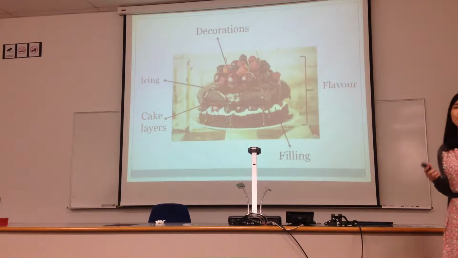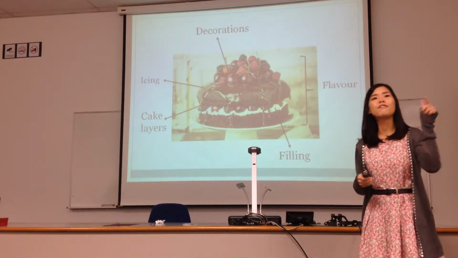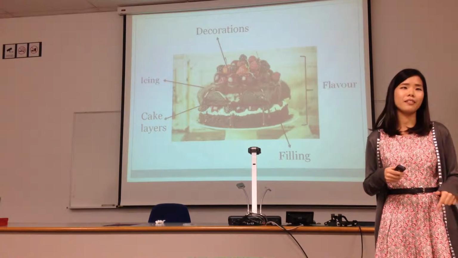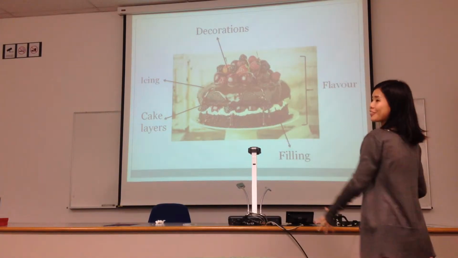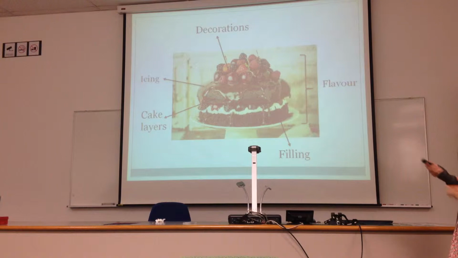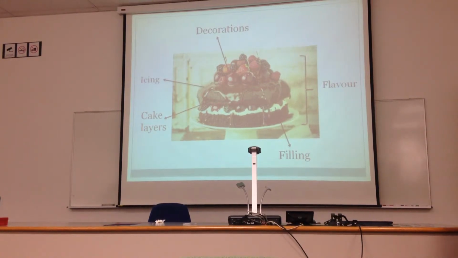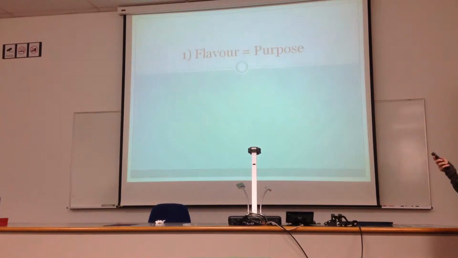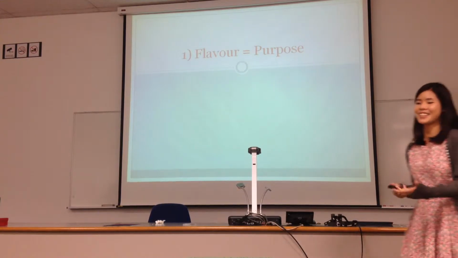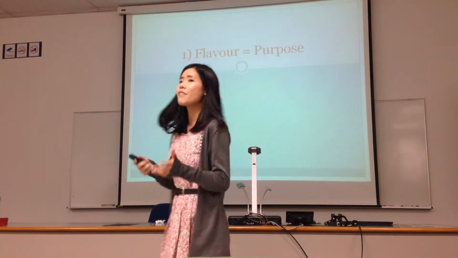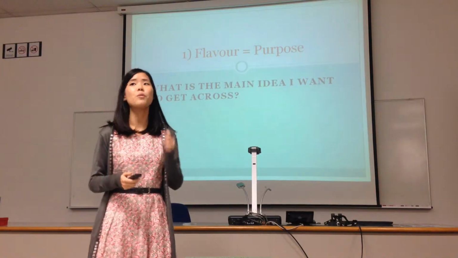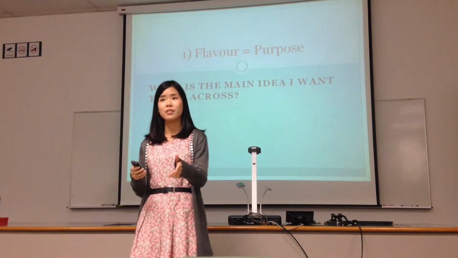Now, out of these 5 things, what is the first step of the cake? The cake layers. It's the flavor. The flavor is the purpose of your speech. The purpose of the speech is your main idea you want to get across to your audience.